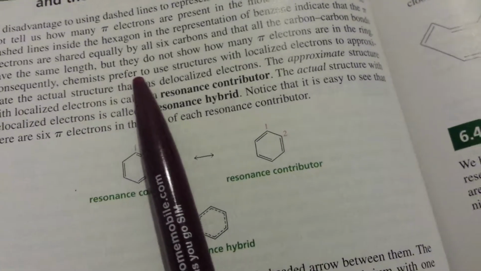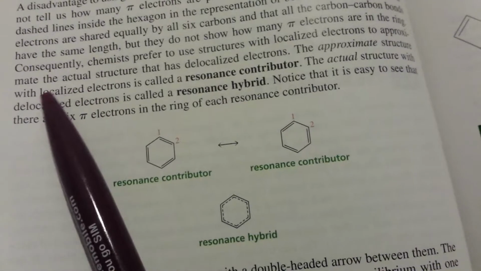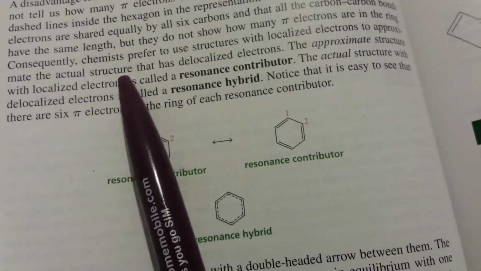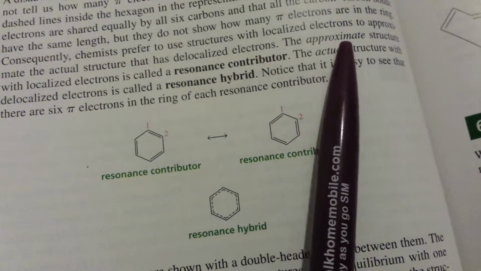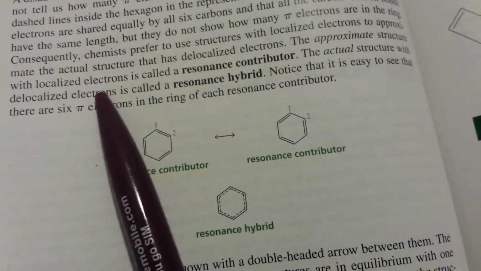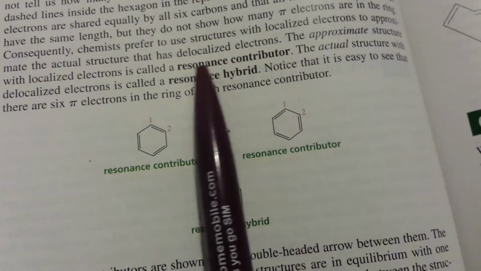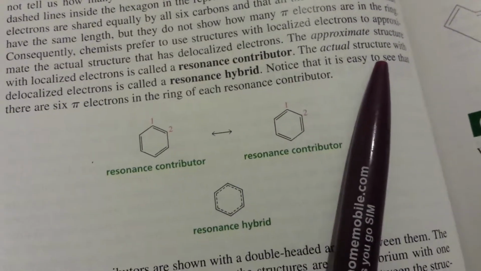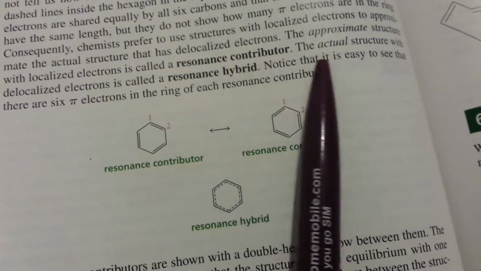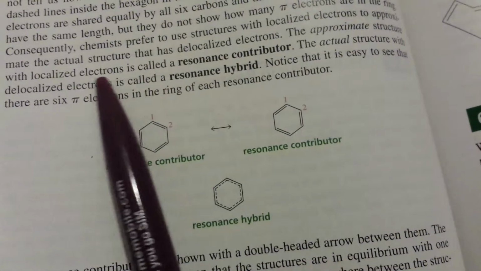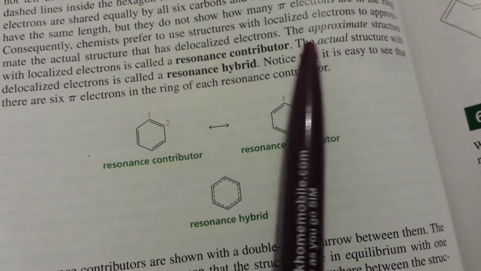Consequently, chemists prefer to use structures with localized electrons to approximate the actual structure that has delocalized electrons. The approximate structure with localized electrons is called a resonance contributor.